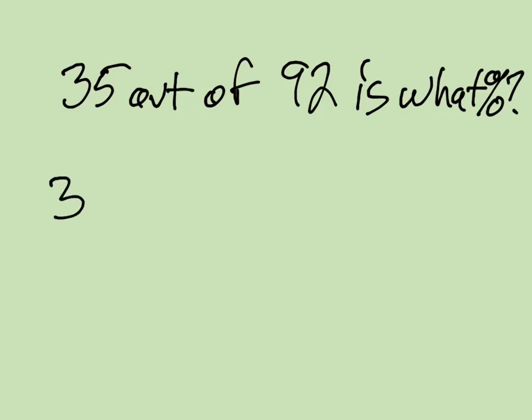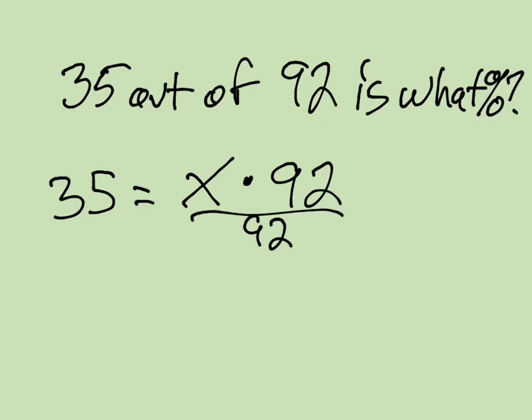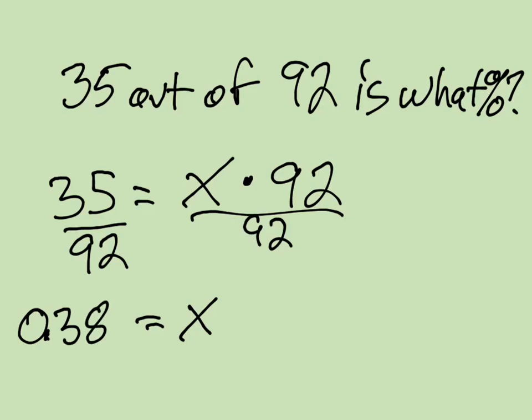So then you would say 35, because that's the part, and then the percent is X times 92. And so then you would divide both sides by 92, and you get X equals 35 divided by 92, which is equal to 0.380. So we'll say 0.38. And so then as a percentage, that would be 38%.